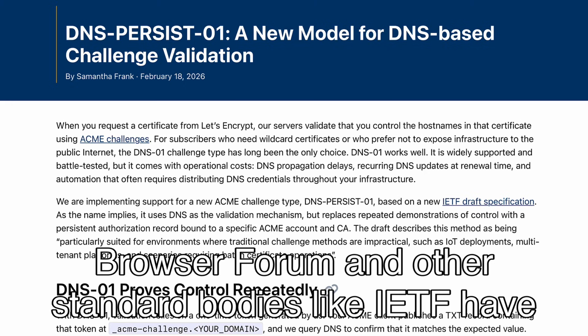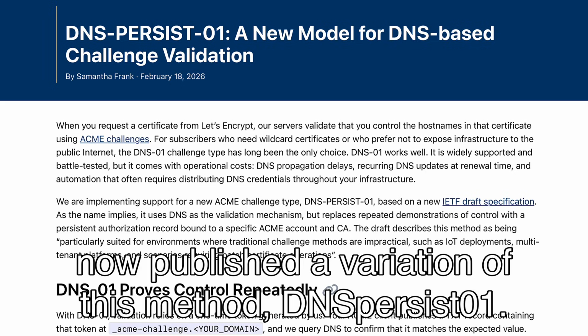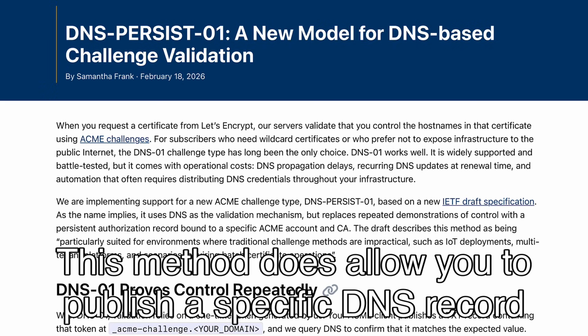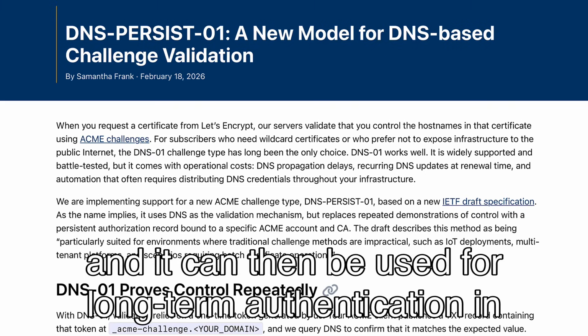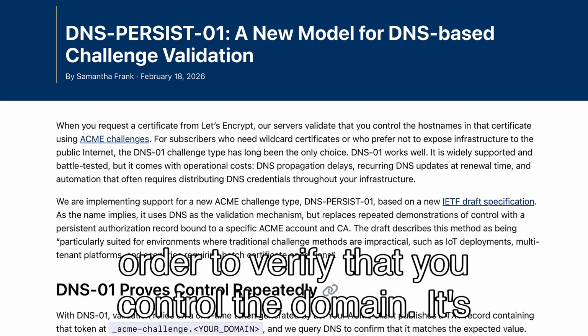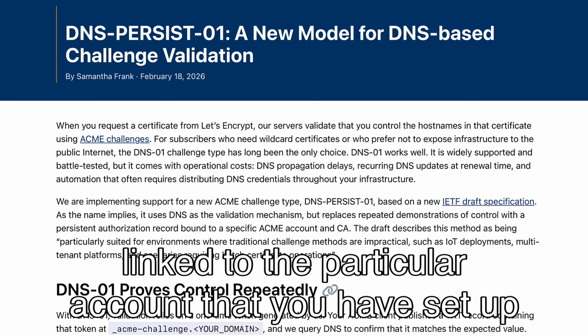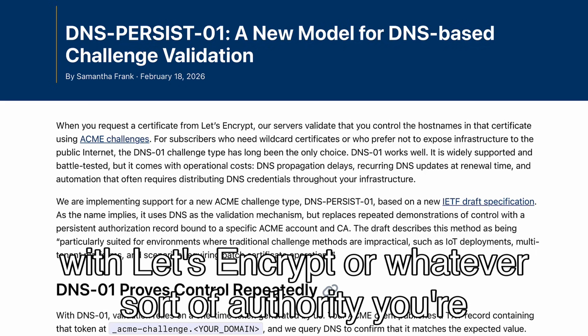The CA/Browser Forum and other standards bodies like the IETF have now published a variation of this method, DNS-PERSIST-01. This method does allow you to publish a specific DNS record, and it can then be used for long-term authentication in order to verify that you control the domain. It's linked to the particular account that you have set up with Let's Encrypt or whatever sort of authority you're using.